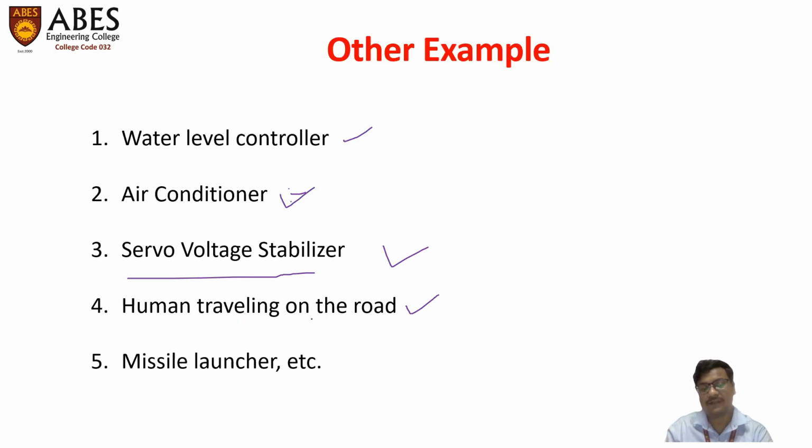If we consider a human traveling on the road, our controller is our own brain. The output is the position and feedback is the displacement. The system is the human. And the error detector is our eyes. It is also useful for the missile launcher.